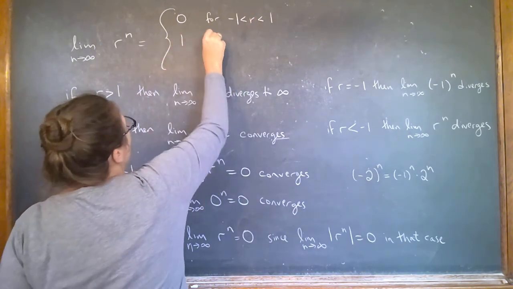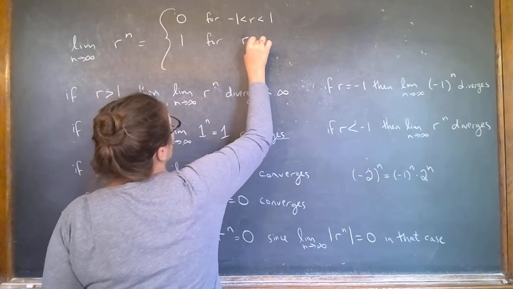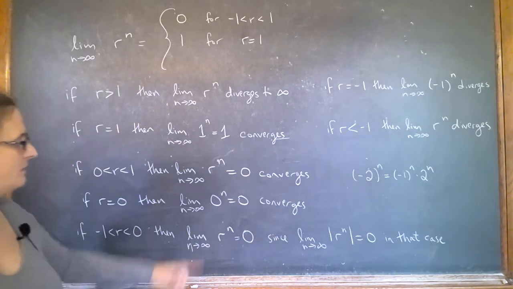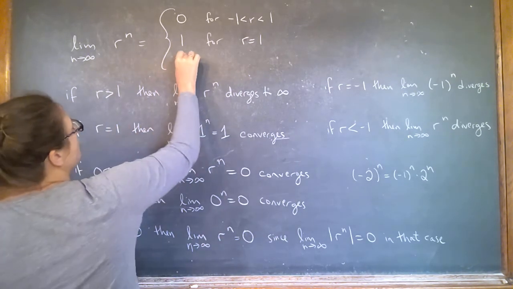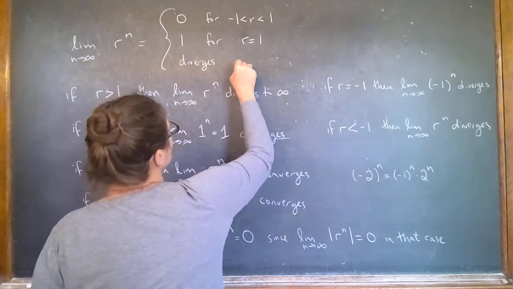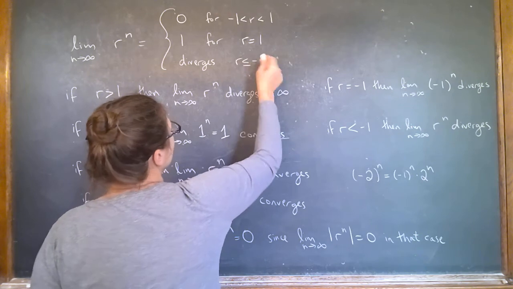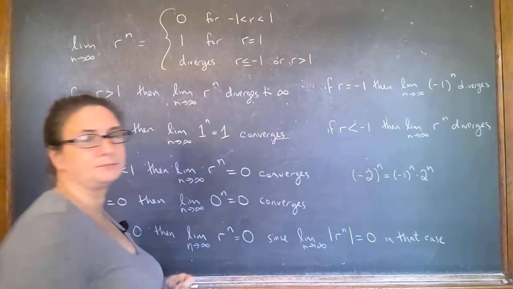It's equal to 1 for values of r equal to 1. That's the only other thing here. There's always 0 or 1, or diverges otherwise. So that would be diverges for r less than or equal to -1, or r strictly greater than 1.